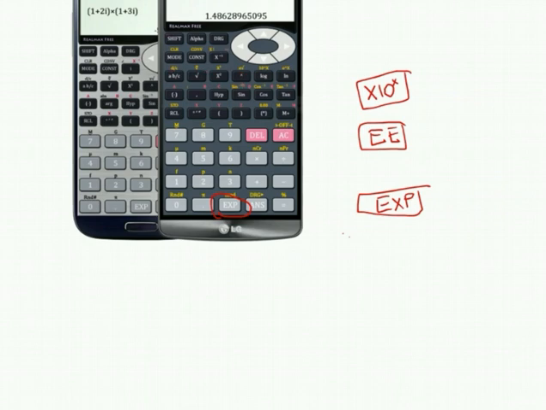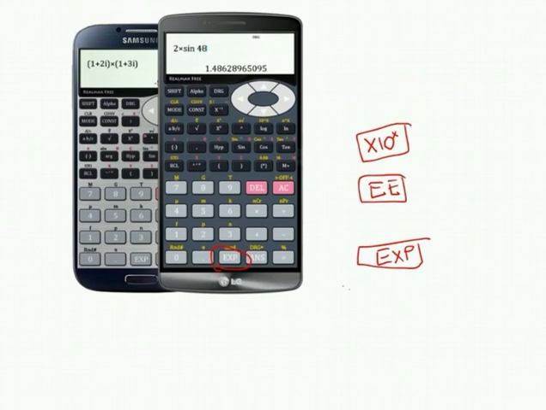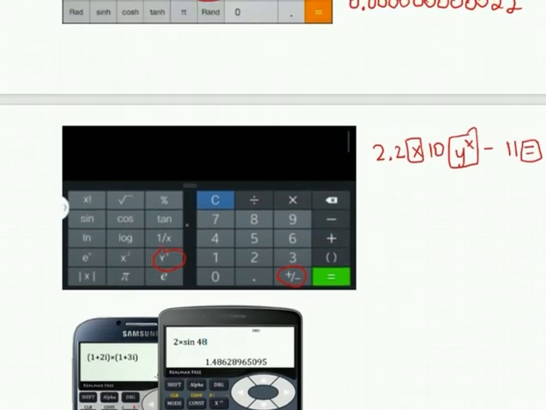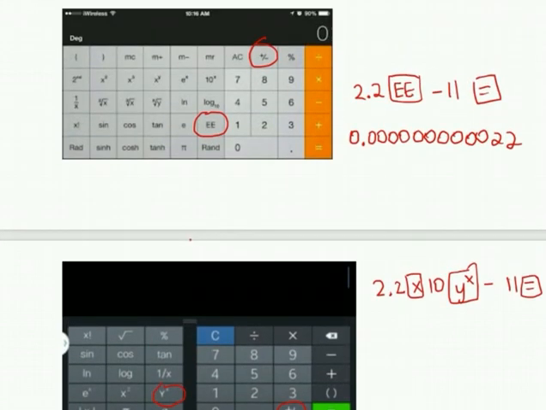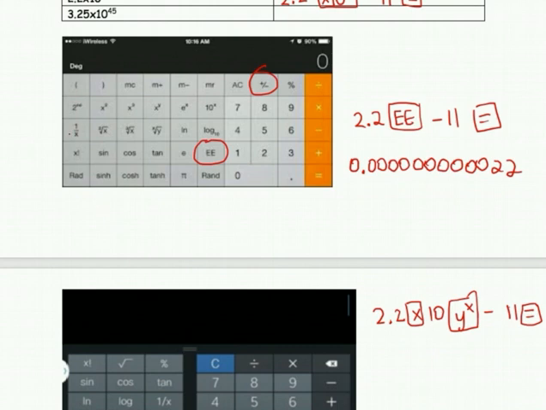Okay, and then here, if it was an iPhone, you just go 2.2 times 10. With the iPhones, you can't see what you're typing in. It kind of disappears as you hit the next key. That's why I recommend a graphing calculator that can show you what you're doing.